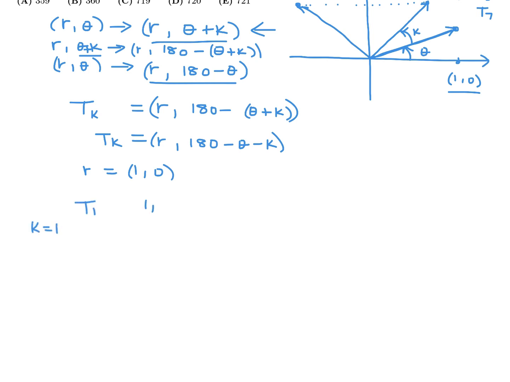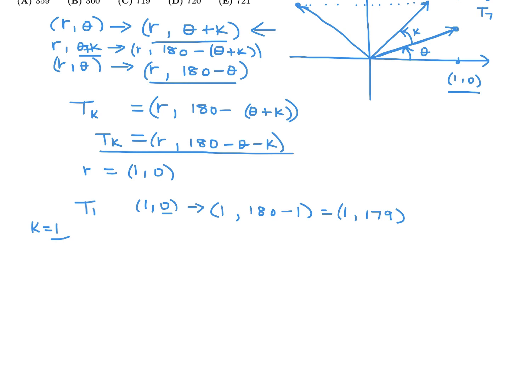So that means (1, 0) would then go to, if you use this formula up here, 180 minus theta, which in this case is 0, minus k, which is 1. So 180 minus 1, which is 179.